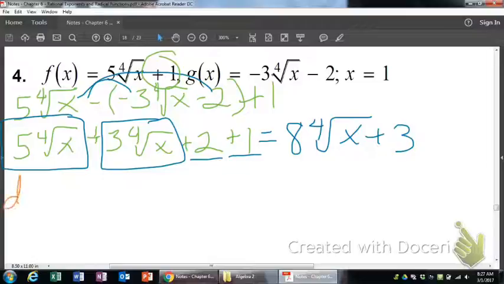I need to go ahead and figure out my domain. Now, this time, I still don't have anything inside the fourth root, so my x value is 0. There's nothing in parentheses here. And then my y value goes up 3. So that is the vertex.